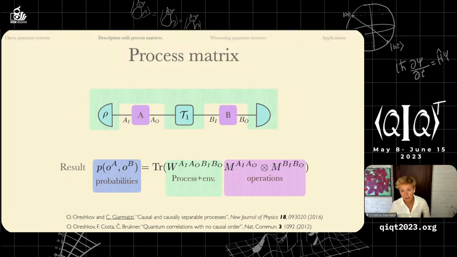And that process can include the environment as well. So it's not really the environment, but the effects of the environment. So essentially, you can probe what the process is by injecting these measurement stations. You take data, and with some sort of linear inversion, you obtain this process matrix, which has all the information you want, including any information on noise.